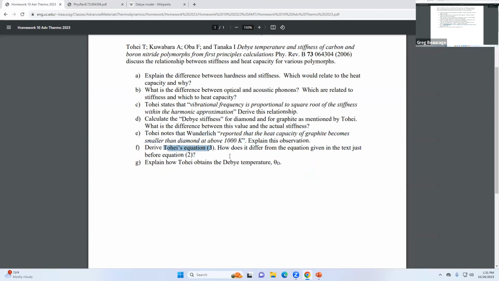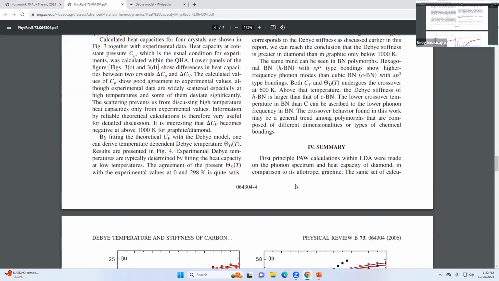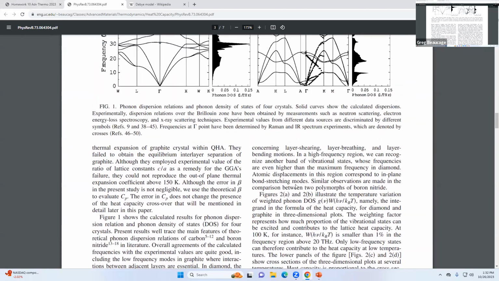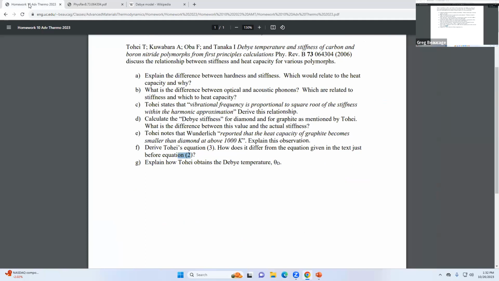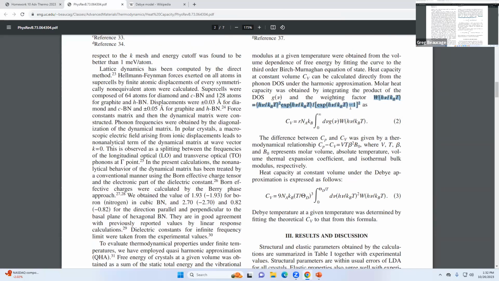Derive 3, that's what I just did, even though I couldn't do the last part. How does it differ from 2? It's weird that 2 is an Einstein equation, right? That this W thing, the equation before 2, or does it say actually how does it differ from 2? Just the text before 2. So this is actually the Einstein equation. So that's a direct comparison.